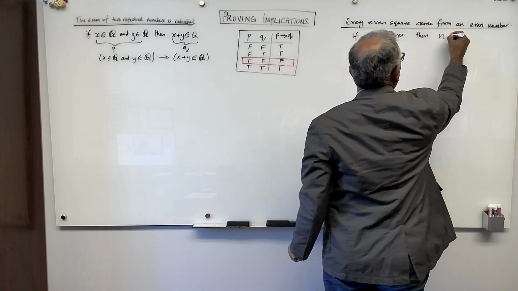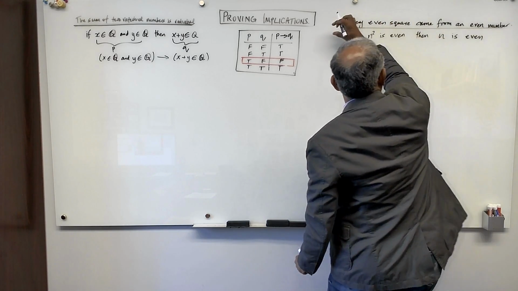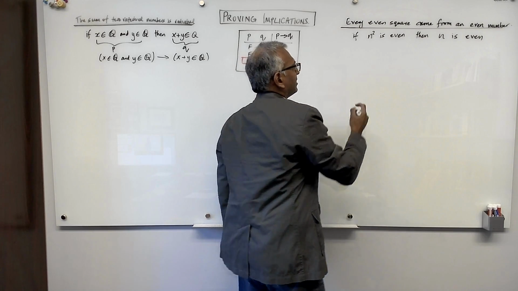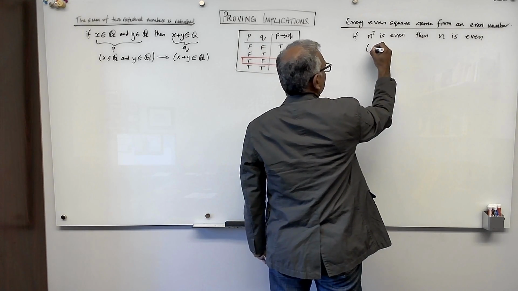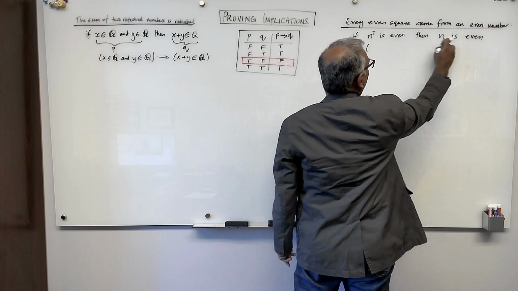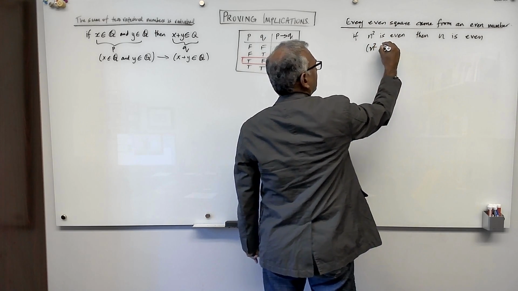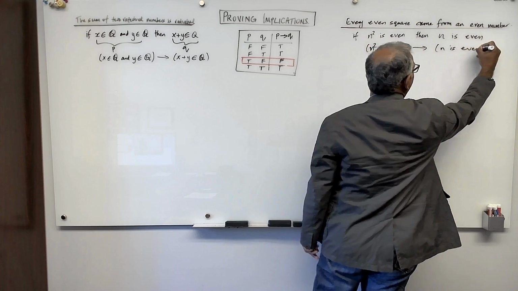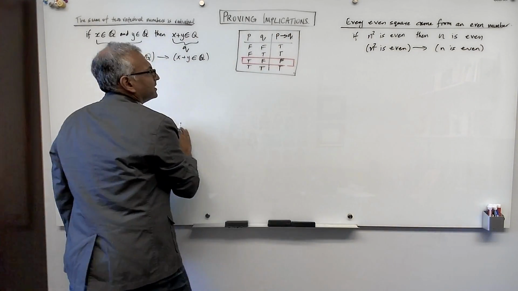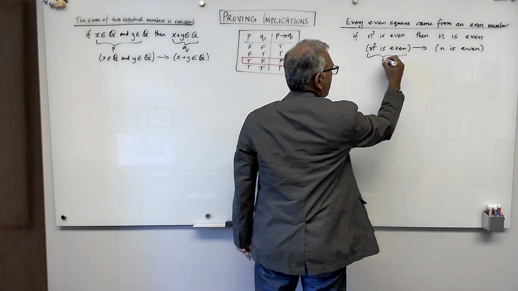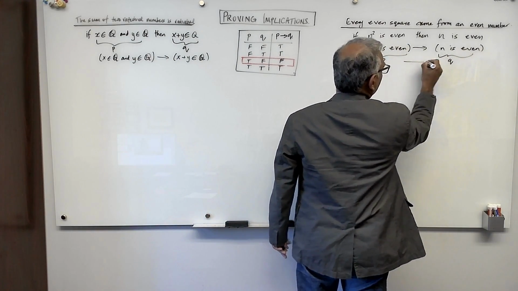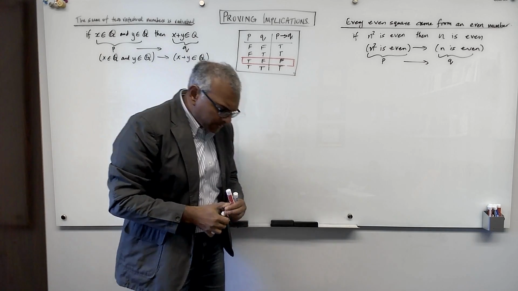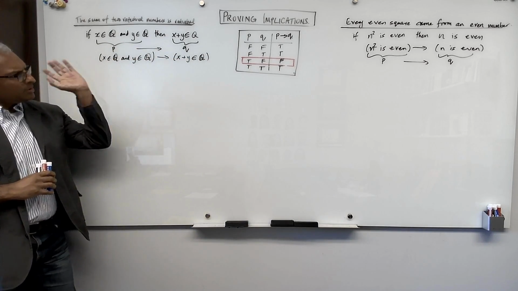So I've taken an English claim, put it into an if-then form, and now I'm going to make it more mathematical by saying that this is basically the implication: n squared is even implies n is even. Okay, and in this case, this is p and this is q. We have p implies q.